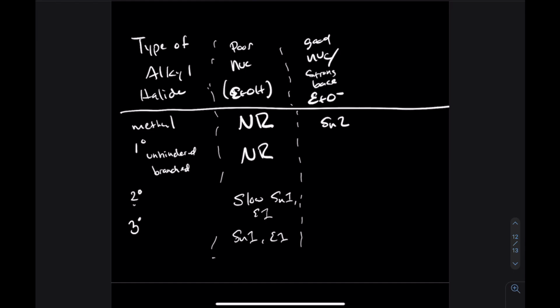A primary unhindered system is going to end up doing an Sn2 reaction, or a branched primary system is going to give you an E2 reaction. Secondary system, we have pretty much decided it's up in the air. We have to look a little bit closer, because it can either be Sn2 or E2. And then you get to a tertiary system where Sn2 is essentially verboten, and you only end up with your E2 elimination.